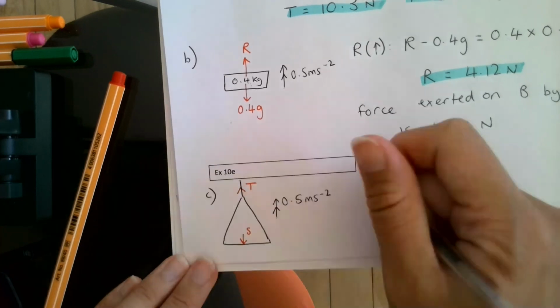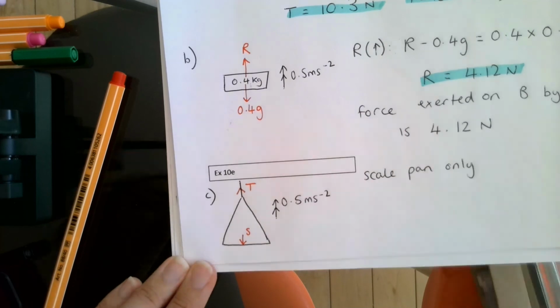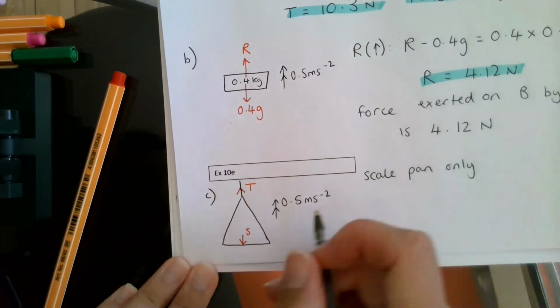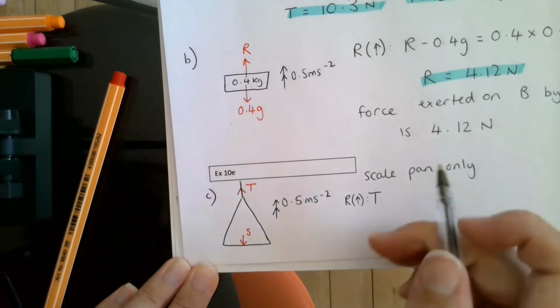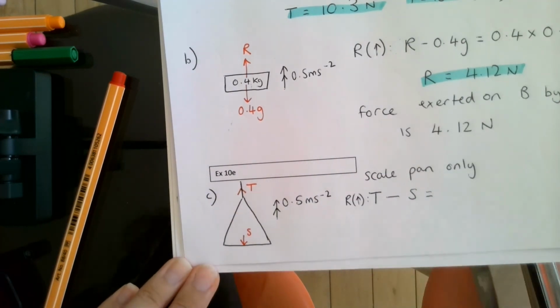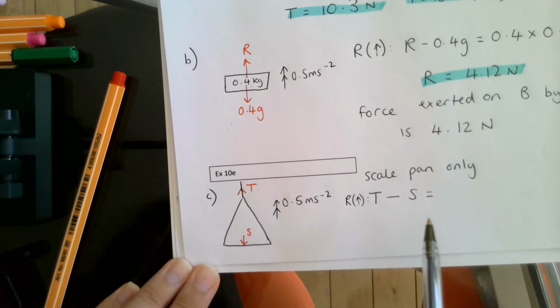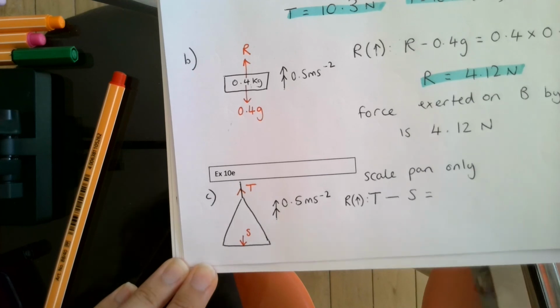So focusing on the scale pan only, I'll do exactly the same as I've done before. I'm resolving. So I've got the T going upwards, take away S going downwards, is equal to the mass times the acceleration. However, the mass of the scale pan, we're just assuming is 0 because it's a light scale pan.